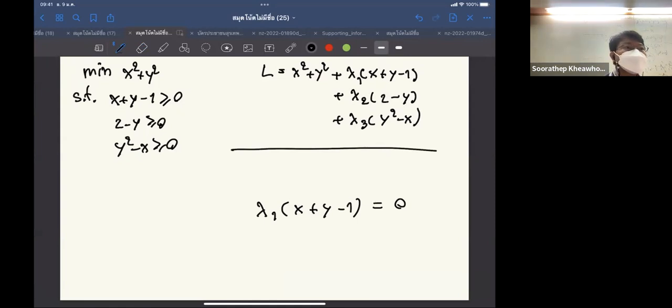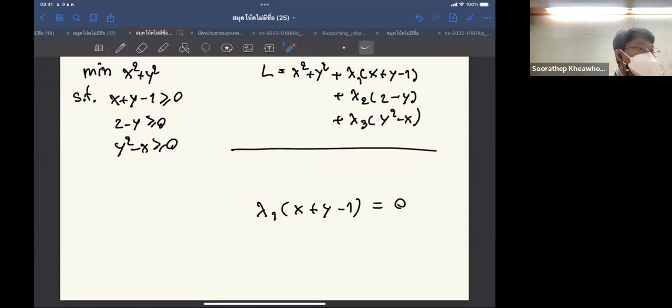Why do we need this condition? Because if the constraint is satisfied with equality, x plus y minus 1 becomes 0, so you don't care about lambda 1 anymore, because the product is already 0.